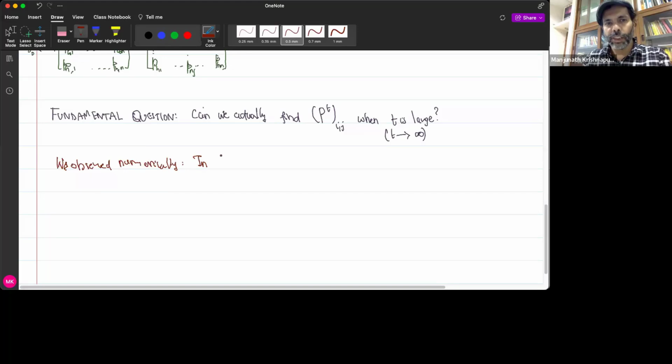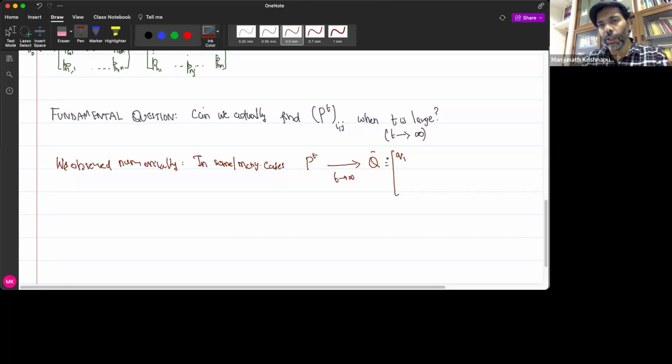In many situations, or at least in some, the matrix P to the T, as T goes to infinity, converges to a matrix Q whose rows are identical.